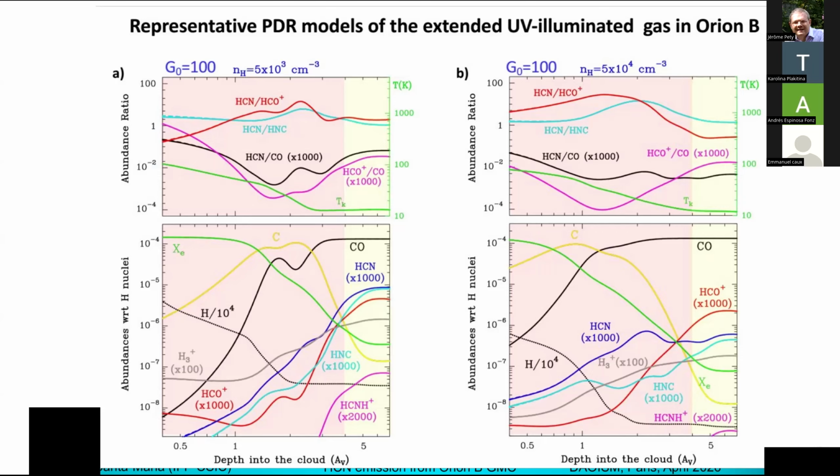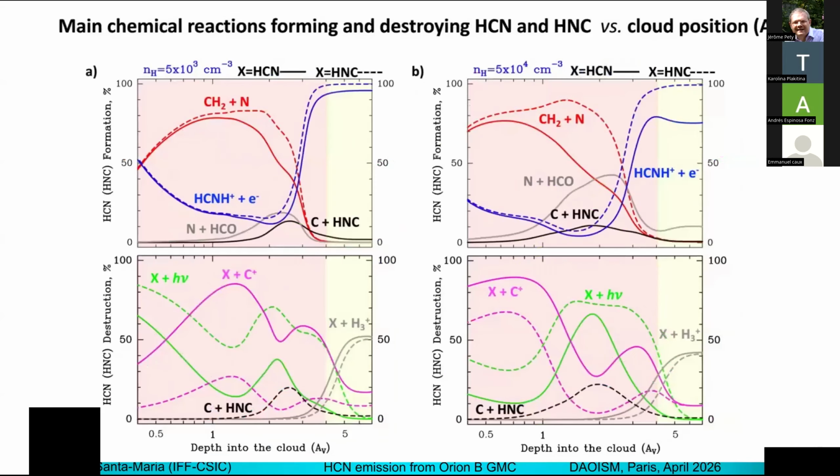There's a bump at 2 magnitudes, but that's it. It's flat from outside to the inside of the cloud. And while the gas temperature decreases, we focus on how HCN and HNC are formed and destroyed in the cloud.